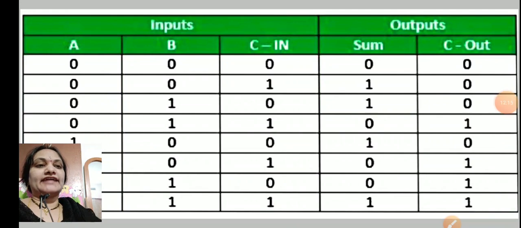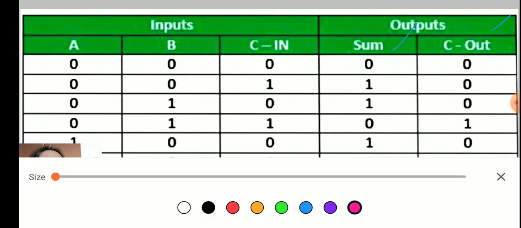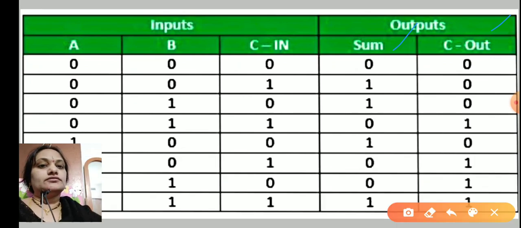Now let me explain the truth table of a full adder. This is the truth table of the full adder. I already told you that a full adder has three inputs, A, B and C in, and two outputs called sum and carry. First condition, that is 0 0 0.